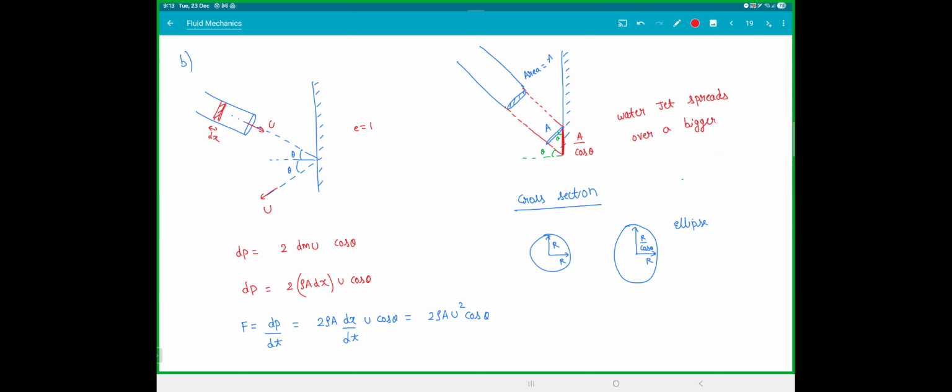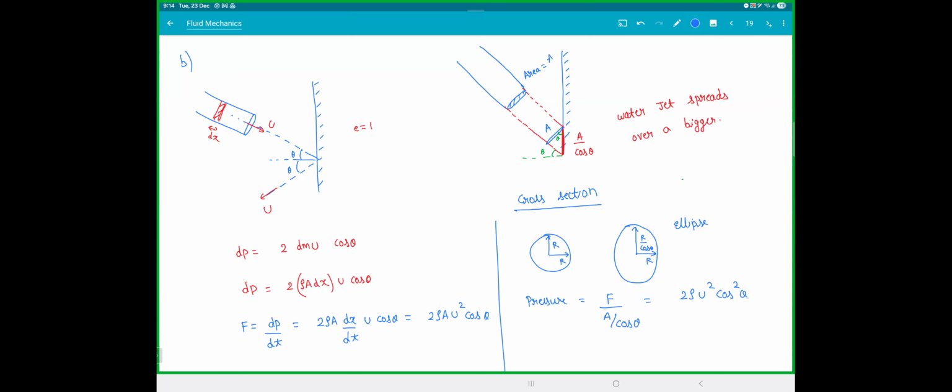So the mistake people make is they think pressure is force by area, where the area is the area of cross section. So what is the pressure? It is force divided by the area where the water jet exerts the pressure, which is F by A by cos theta, which is 2 rho u square cos square theta.